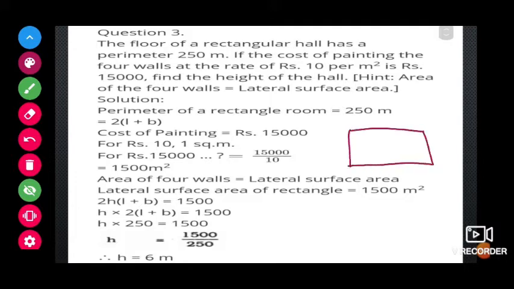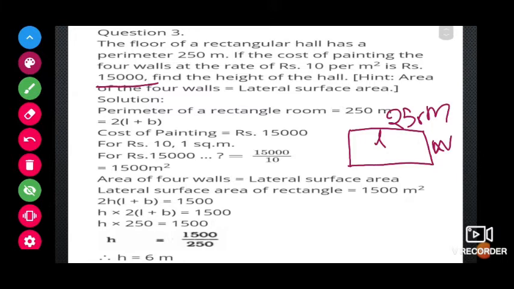Floor is nothing but the bottom of the rectangular hall. The bottom will have a length and a width, and the perimeter is 250 meters. And the cost of painting the four walls is 15,000.